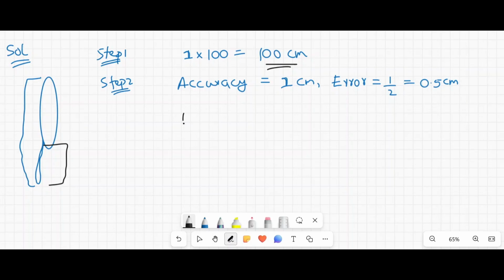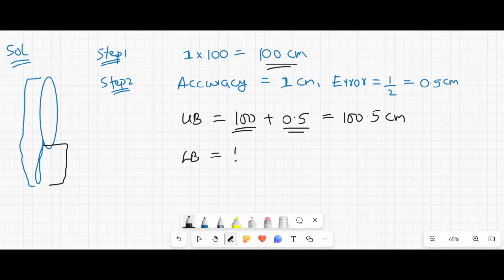The upper bound will become 100 plus 0.5, which is 100.5 centimeters. This is our original term plus the error term. The lower bound is 100 centimeters minus 0.5, so you will get 99.5 centimeters.